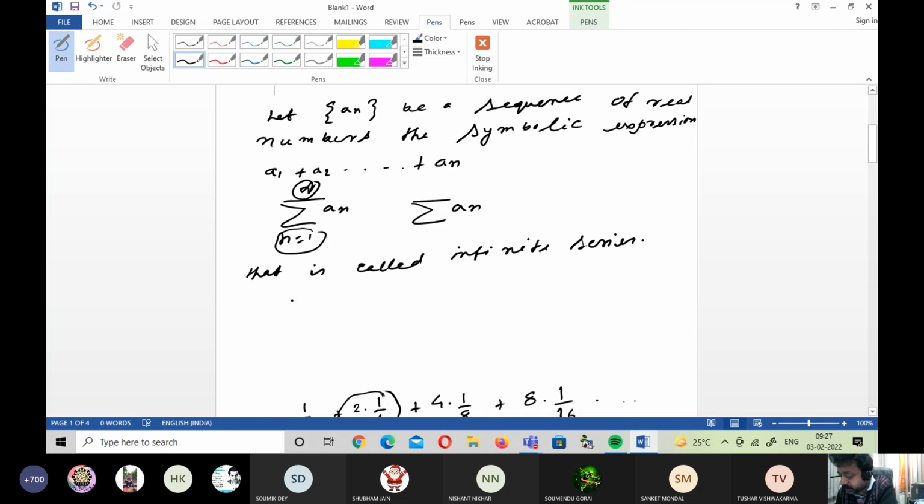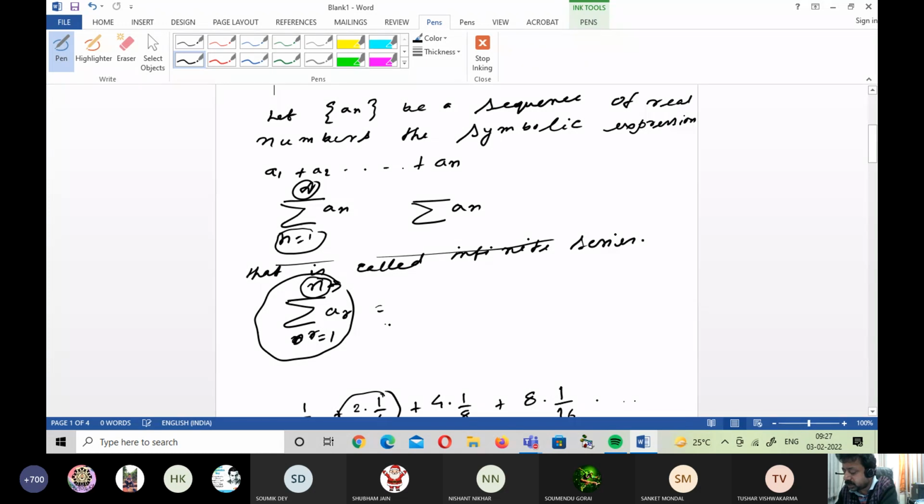Now if you take r equals 1 to n, some fixed integer, and take ar, then it is known as a partial sum. This is not that. If this n is infinity, then it will be an infinite series.